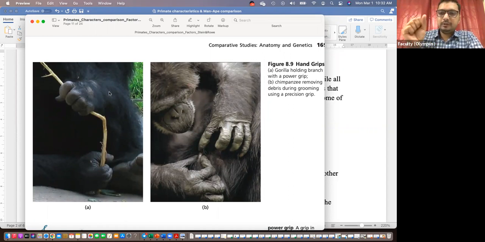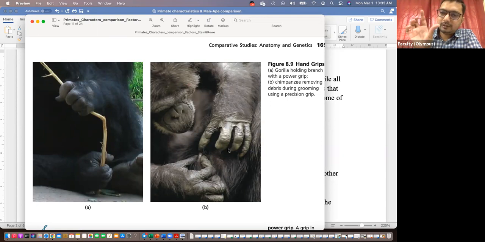Because of the opposable thumb, imagine without this, can you have that much strength? You need the opposing effect of the thumb to get the grip and hold on tight. So the opposable thumb provides us power grip, grip with enough strength. This is one. The second one is precision grip.